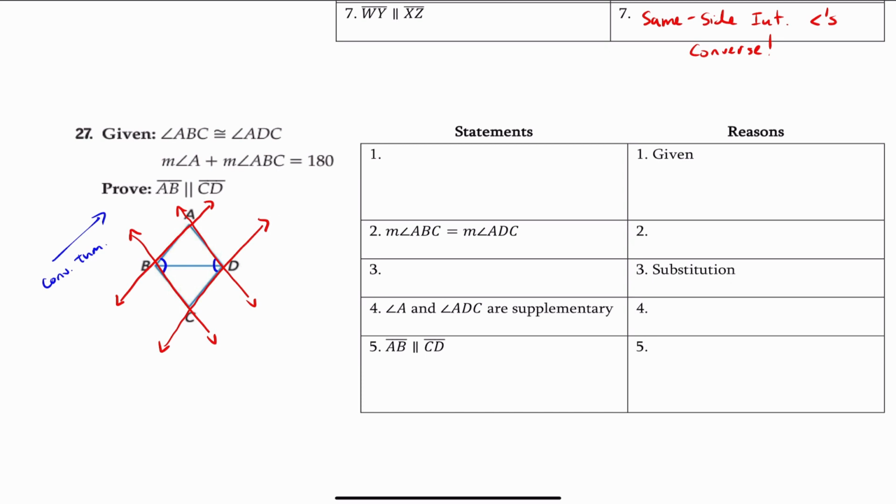Given that angle ABC is congruent to angle ADC, we know that these two angles are congruent because of my given. But I'm not done, because I need to write that the measure angle A plus the measure angle ABC is equal to 180 because of my given.